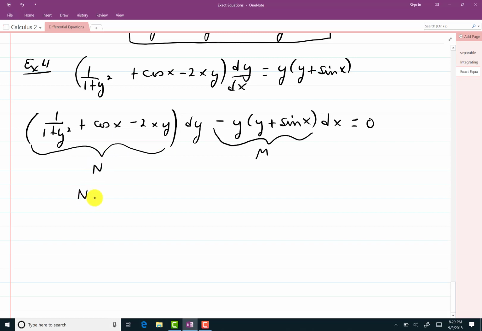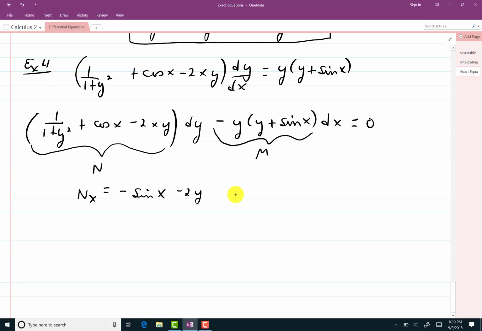Let's do n with respect to x. Remember, it's the opposite of the one that's there. So this piece here, since it has y alone, will disappear. Cosine of x will become negative sine of x. And then negative 2xy will become negative 2y.